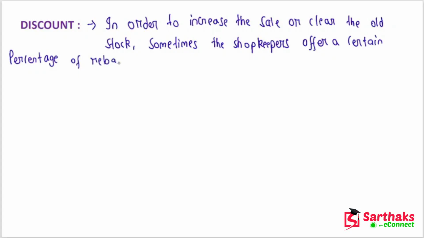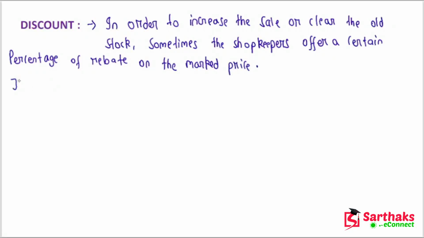That rebate is called what? You can very well know by now that it is discount. Certain percentage, this percentage discount is very important. This percentage of rebate is what we are going to calculate actually. Sometimes the shopkeeper offers a percentage of rebate on the marked price. So you can see that marked price is something very important over here.